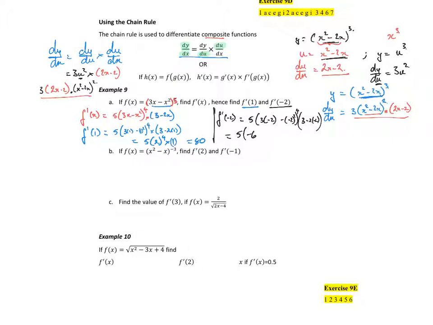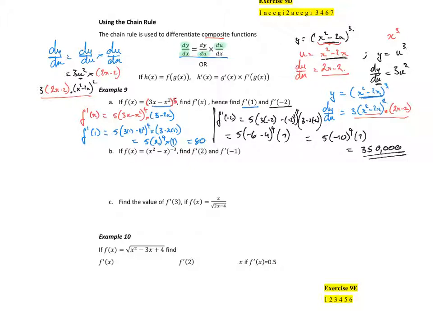Negative 2 squared is 4, so it's minus 4, all to the power of 4, times negative 2 times negative 2 is positive 4, and 3 plus 4 is 7. So that's a big number, isn't it? It is equal to 5 times negative 10 to the power of 4 times 7, which is 35 times 4 zeros, which is 350,000.